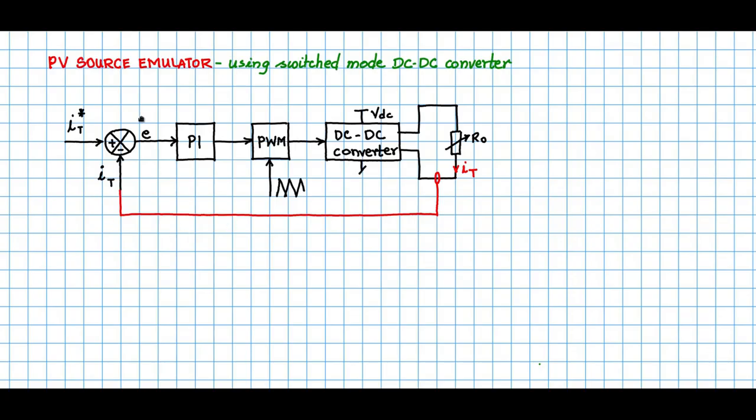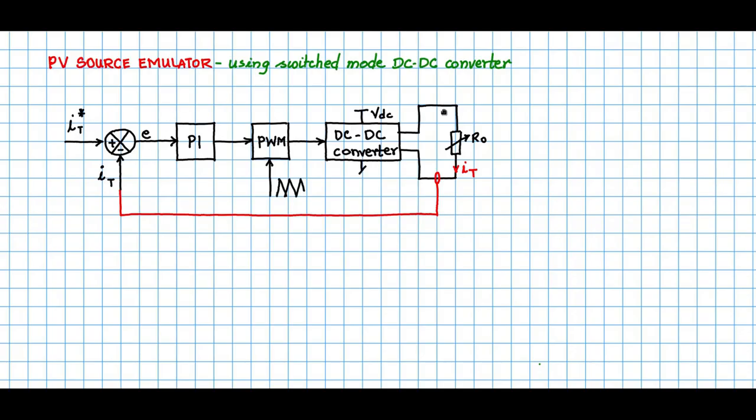So what this block diagram mainly indicates is that if I set a reference IT star, and the error here passes through the PI controller, PWM, DC-DC converter and all those things, and this terminal current is fed back in this fashion, the job of the PI controller is to make the error 0, which means that IT will be the same as IT star. IT is nothing but the terminal current flowing through the load, which will become the same as IT star. Now that is a current controlled DC-DC converter.